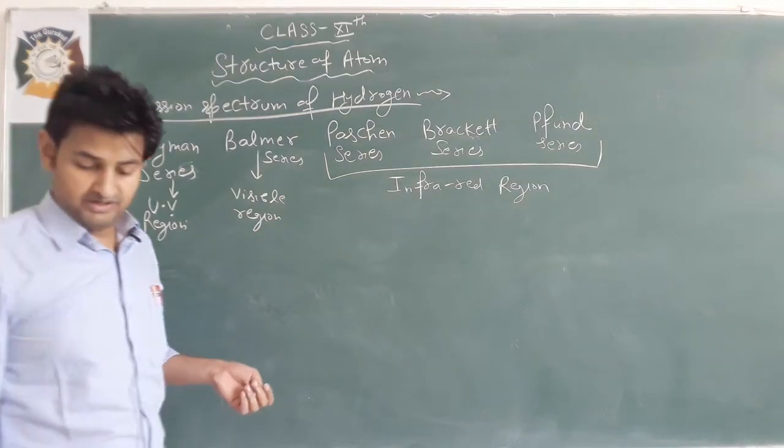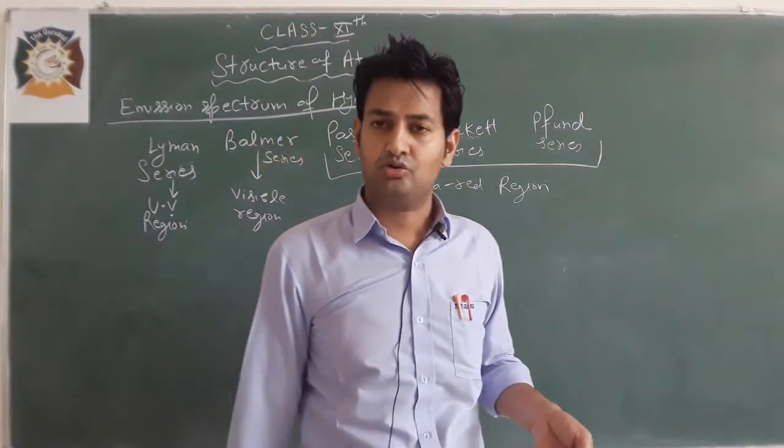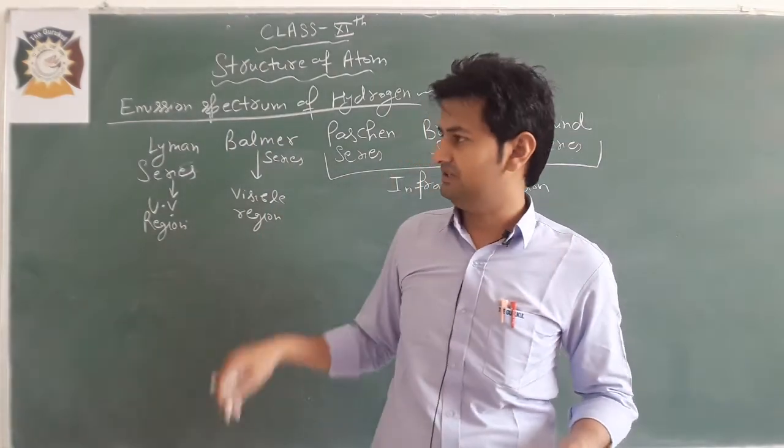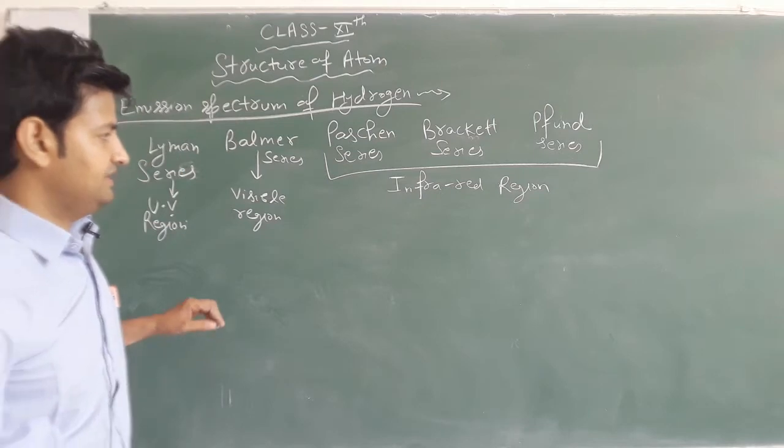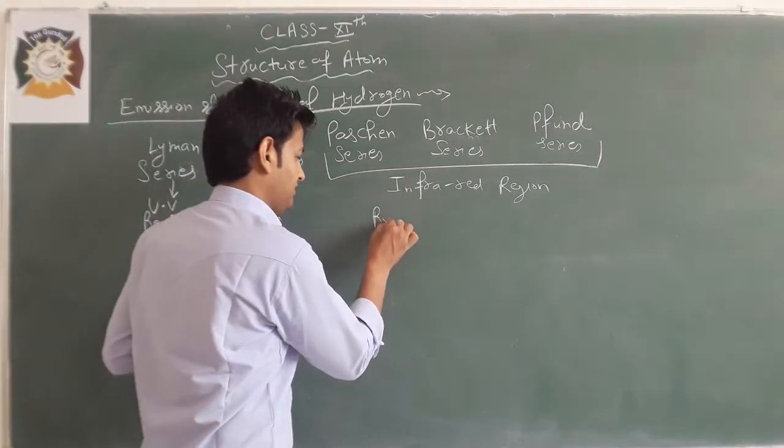So here one scientist, Rydberg, to calculate the wavelength of these different types of lines, gave a formula. This is called the Rydberg formula.